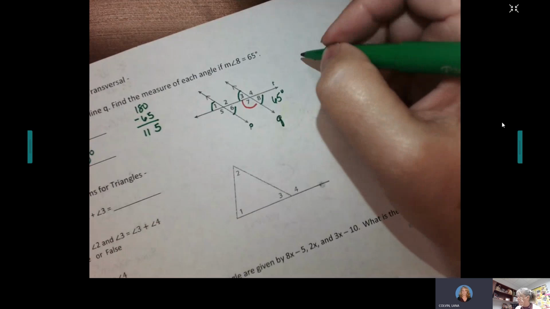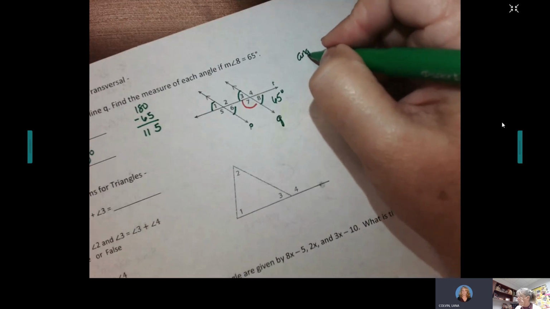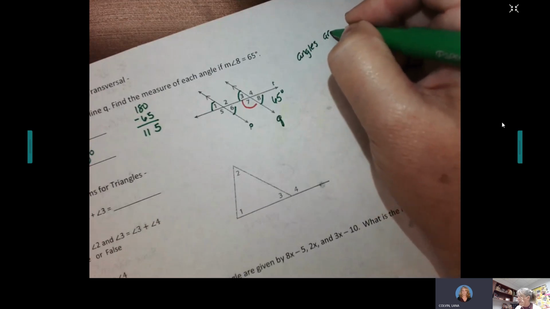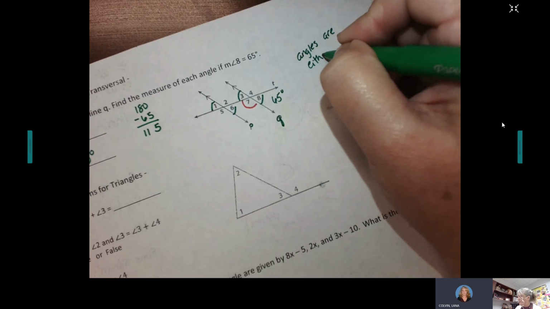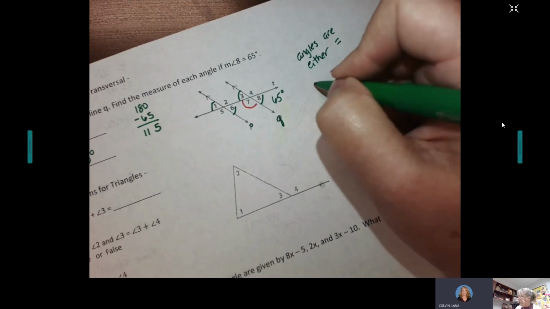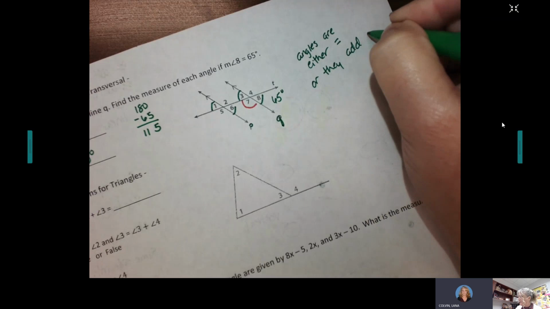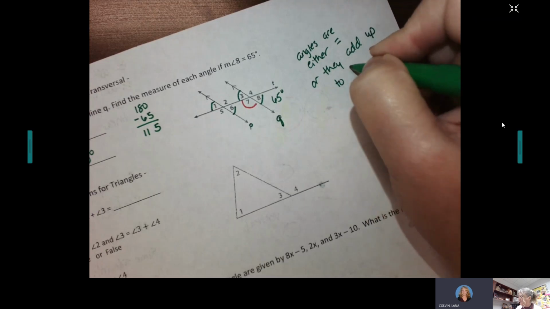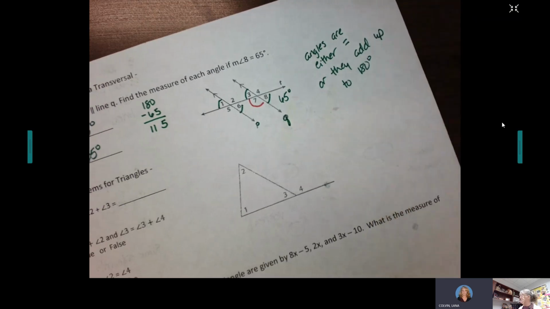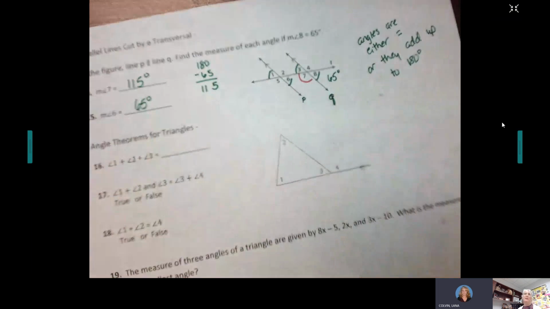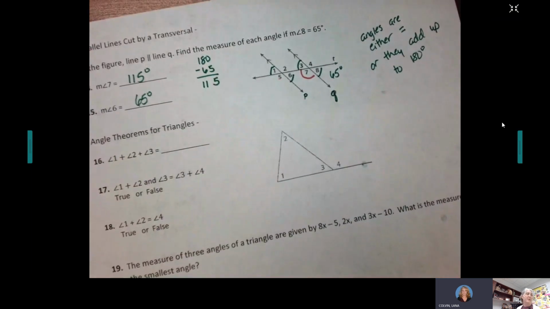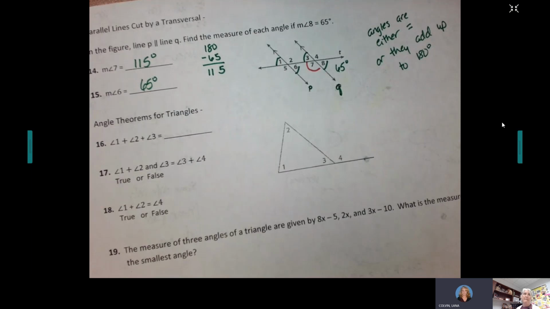In a transversal, the angles are either equal or they add up to what? To 180 degrees. So if they're not equal, you're going to need to subtract to figure out the measure of the other angle. All right?